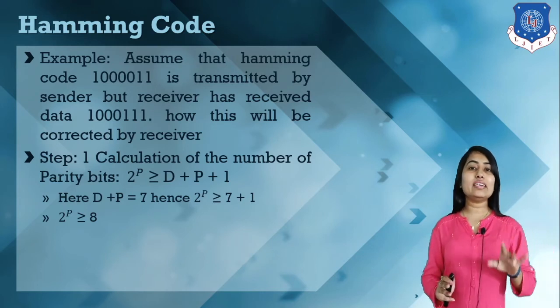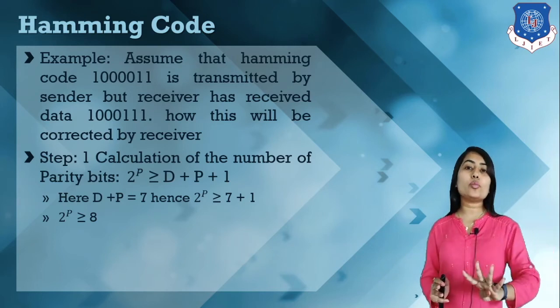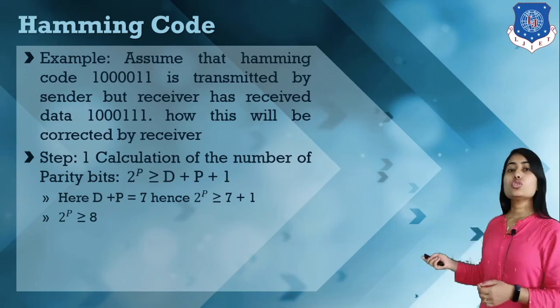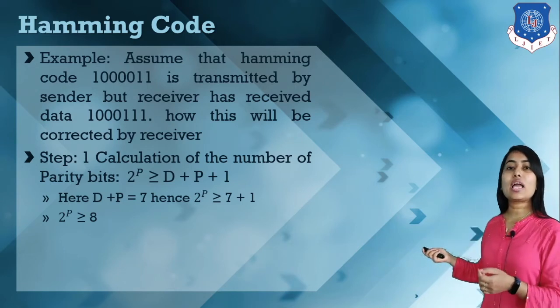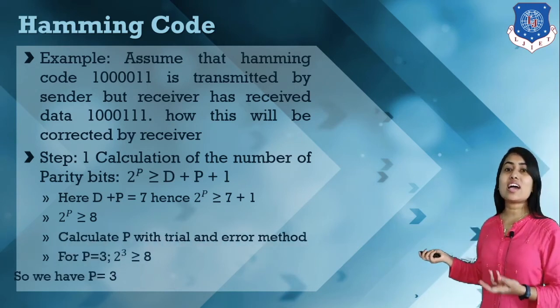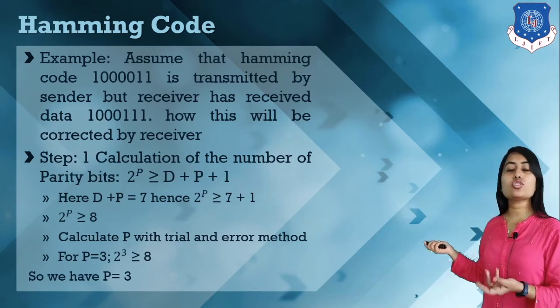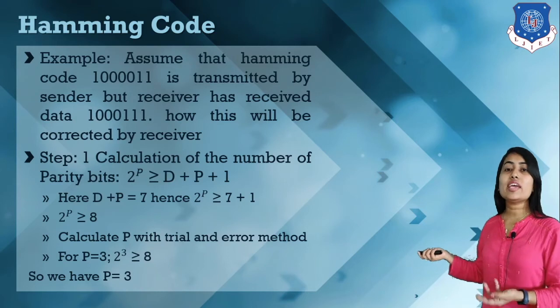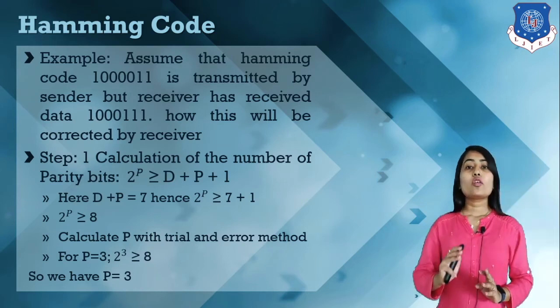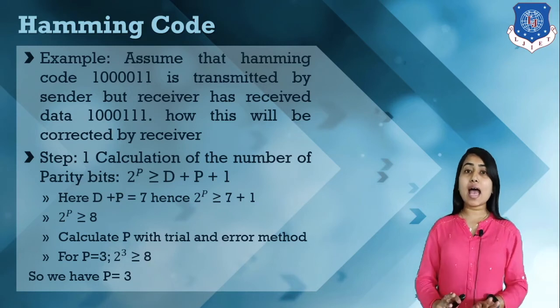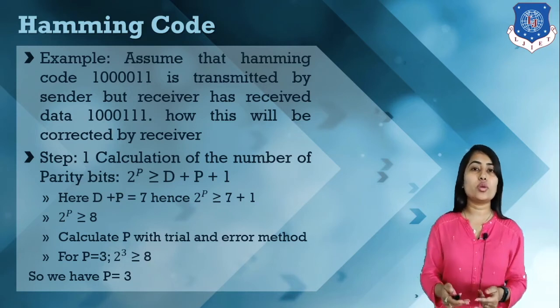So we have 3 parity bits and the remaining 4 bits are our information bits.